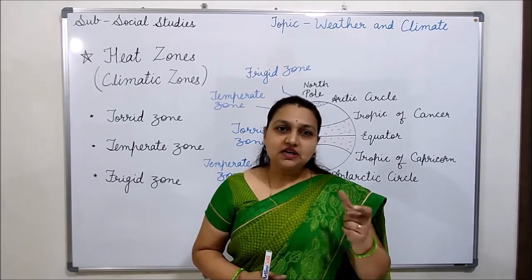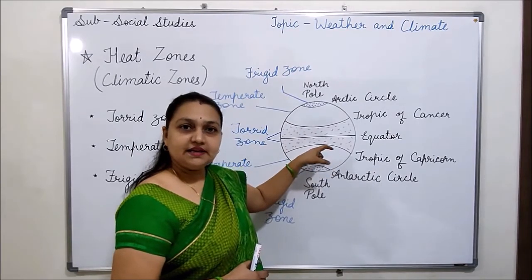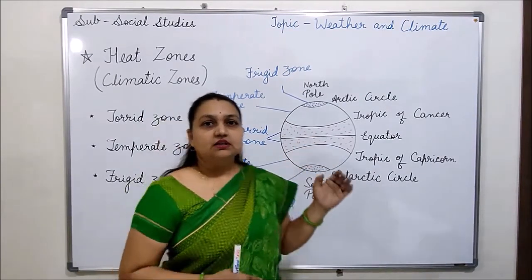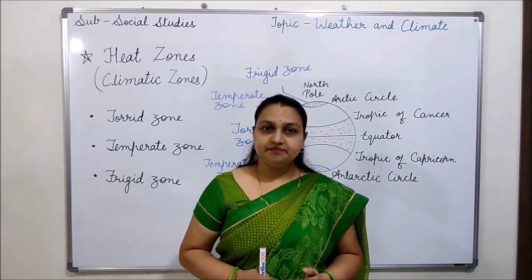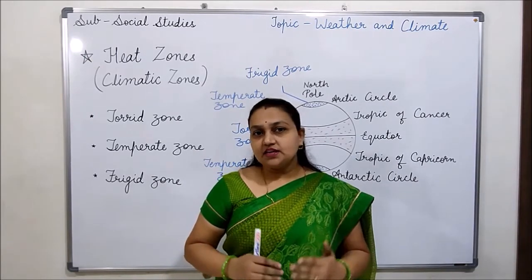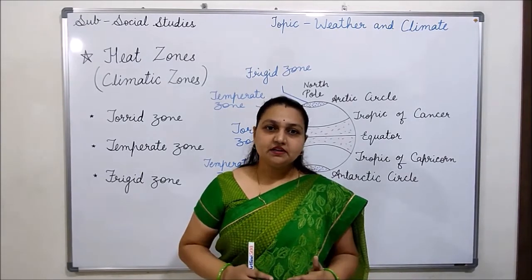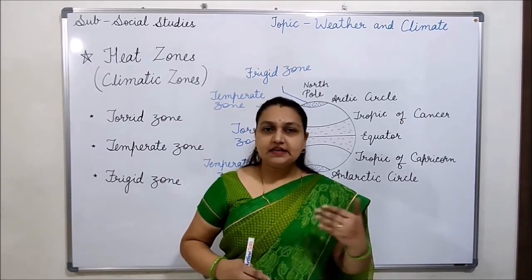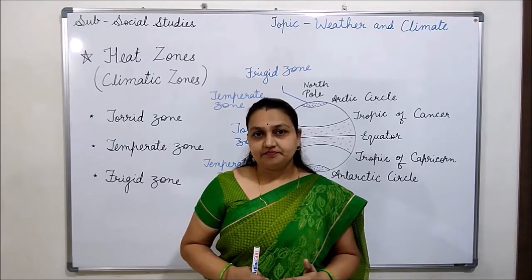Due to the curved surface of the earth, all the areas of the earth do not receive the same amount of heat. Some areas of the earth receive more heat, whereas other areas receive less heat.